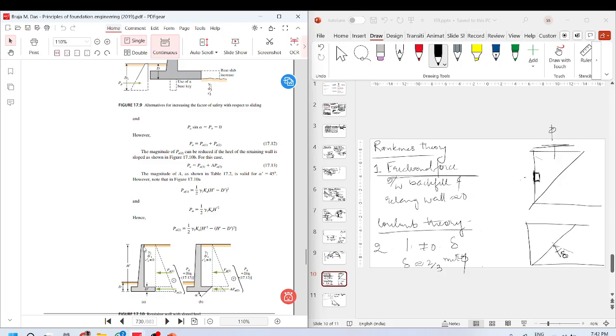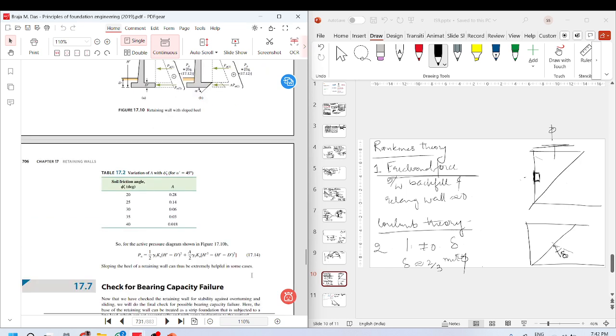See here, you don't have an inclined backfill and you have a frictionless backfill, then you have a PA that is horizontal.